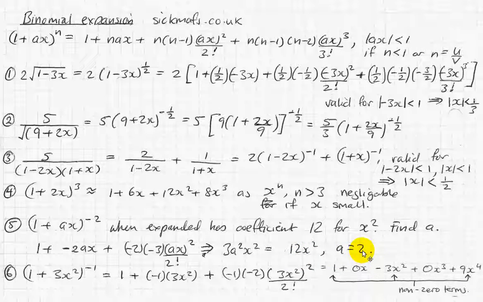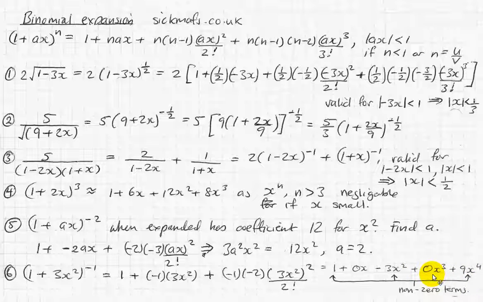And finally we've got (1 plus 3x squared) to the power minus 1. What's special about this? Oh yeah, right. There's a common phrase when you come to this topic, which is write out the non-zero terms. When you expand this, you don't get any x's, do you? It goes straight to x squared when you expand it using this expansion, and it goes to x to the power 4 as well.